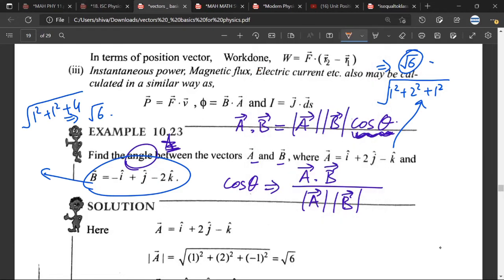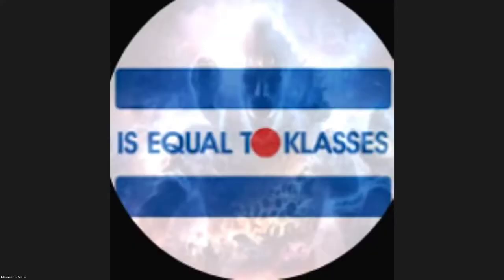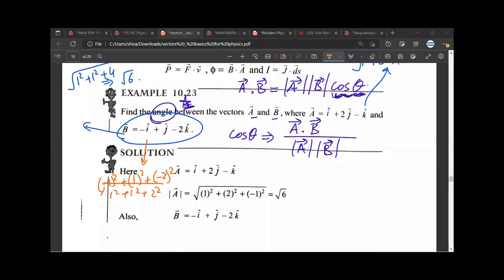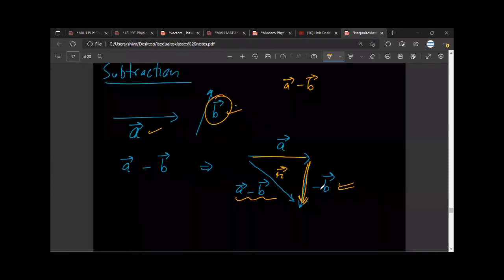See, one thing that students usually confuse initially: if I take minus 1 square plus 1 square plus minus 2 square, it is the same as saying 1 square plus 1 square plus 2 square. Have you understood what I have said? So, are we clear about this fact which I was trying to explain? Yes, sir. I'll take another example.